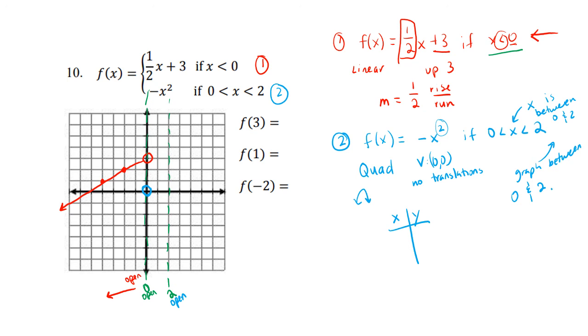And again, start with the vertex, that's at 0, 0. What we do here when we're doing domain restricted graphing, piecewise graphing, is plug in the restrictions. Now we already have one for 0. We don't have to do that again. We need to plug in 2 because that's the other restriction.